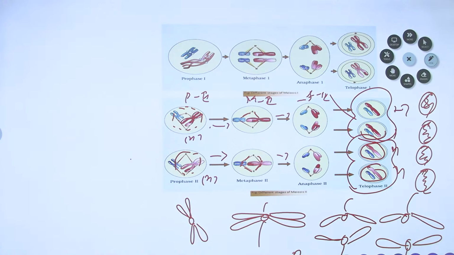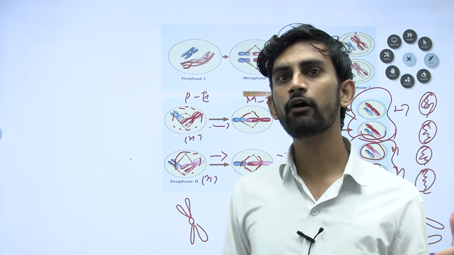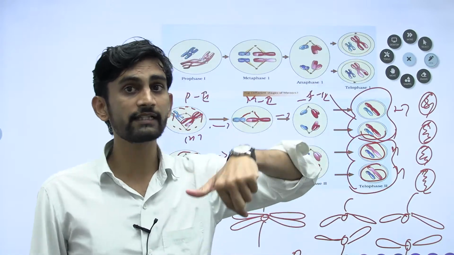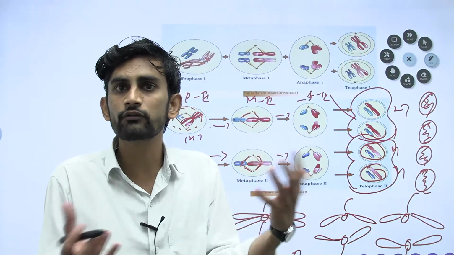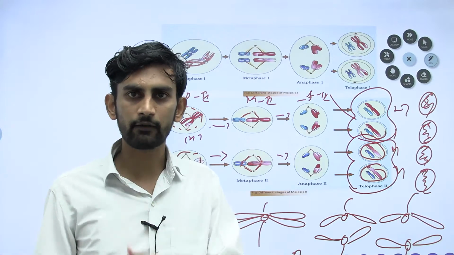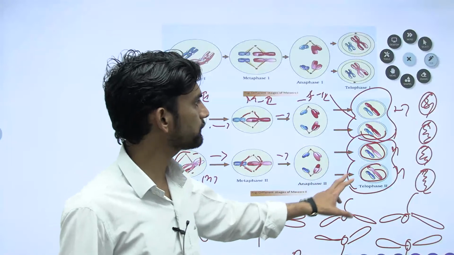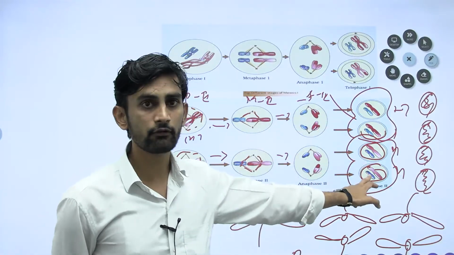At the end of meiosis, how many daughter cells did we get now? 4 daughter cells. How did we get those 4 daughter cells? By undergoing cytokinesis 2. Karyokinesis 2 is followed by cytokinesis 2. Karyokinesis 2 involves what? Prophase 2, metaphase 2, anaphase 2, telophase 2. At the end of telophase 2, this daughter cell's telophase is different, and this daughter cell's telophase is different.